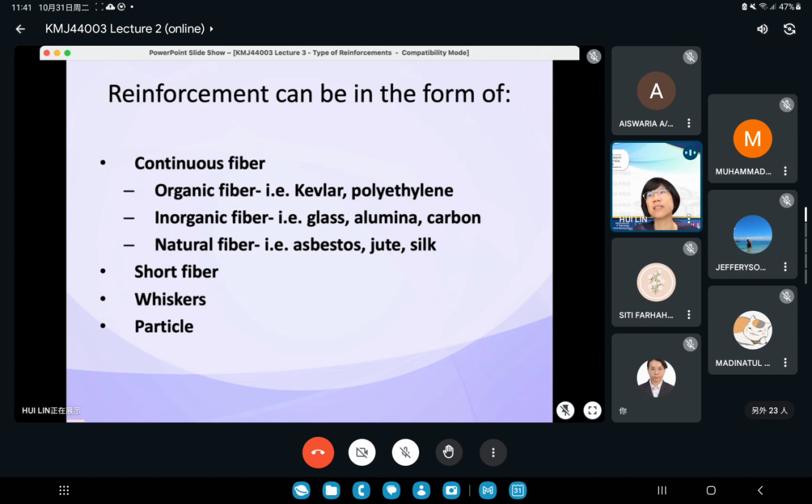Glass fiber is the most used, or we can say the first discovery of the fiber that was added into the polymer, and the polymer is a thermoset. Surprisingly, it will increase the mechanical strength.